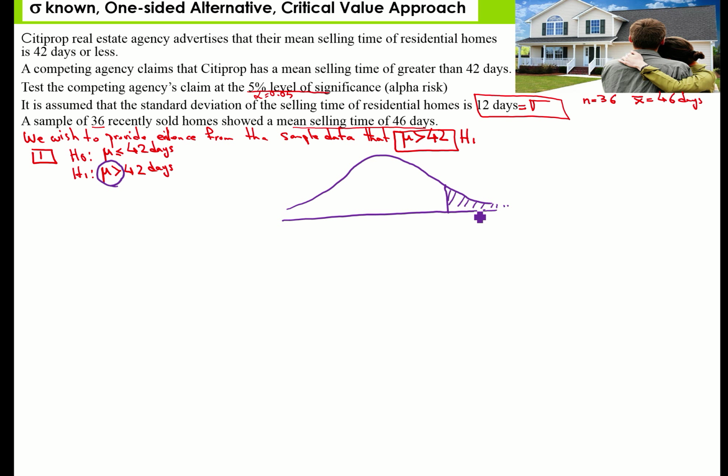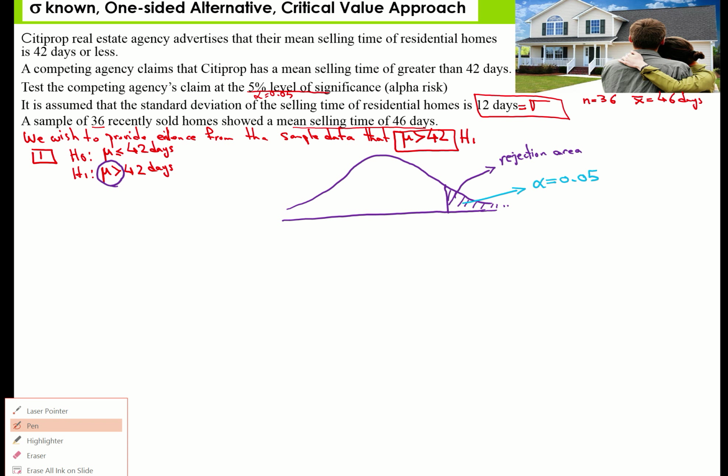If x bar is sufficiently larger than 42, we reject H0. So this is the rejection area, and actually this area, this probability, is 0.05. It is the significance level. Now let's continue to solve this question. So here we have a one-tailed test.